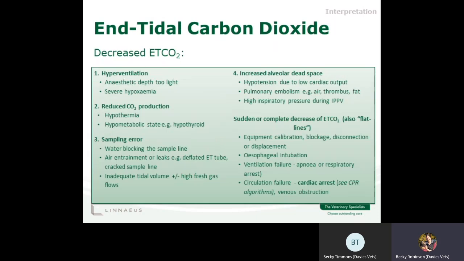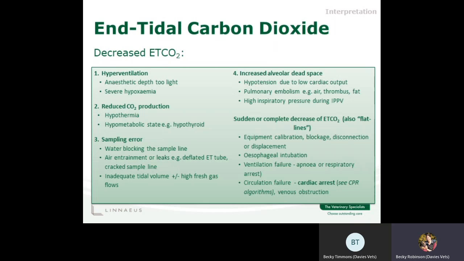In terms of a decreased end-tidal carbon dioxide or hypocapnia, we tend to split the reasons for this into those reasons which can result in a gradual decrease or those reasons which can result in a sudden or complete decrease. When regarding a gradual decrease, hyperventilation due to a light plane of anesthesia or because of a noxious stimuli is probably the most common.